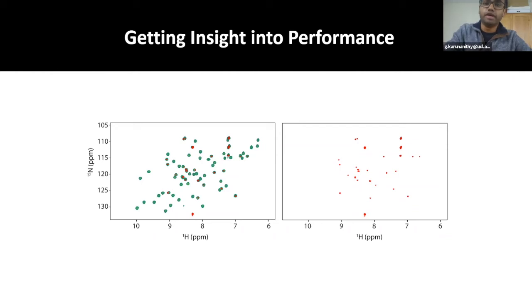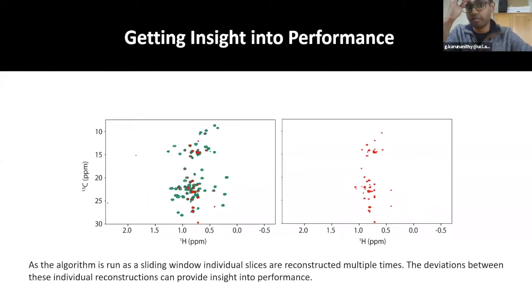So here's an example for ABP1P and HDAC8 at the bottom around 30 ppm in carbon and 0.7 ppm here. That can identify a false positive in the reconstruction, which is quite a nice feature, but it's certainly not something you can use quantitatively. It's a useful qualitative guide to how your reconstruction has gone.